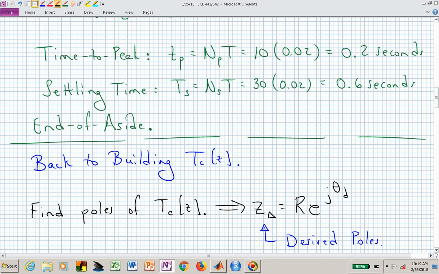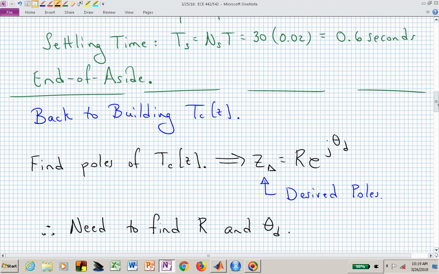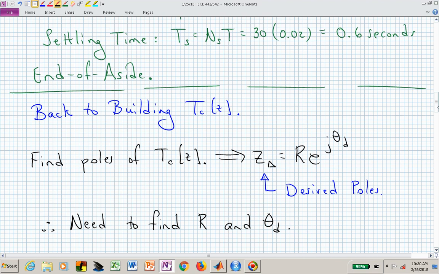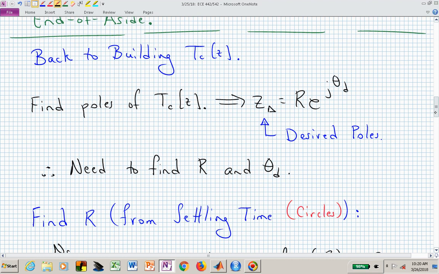That's the polar form representation of these desired poles. What we want to do is use these design specs for peak time and settling time to find values for r and theta sub d. Once we have r and theta sub d, we can then determine this second order polynomial that will be in the denominator of our desired transfer function.